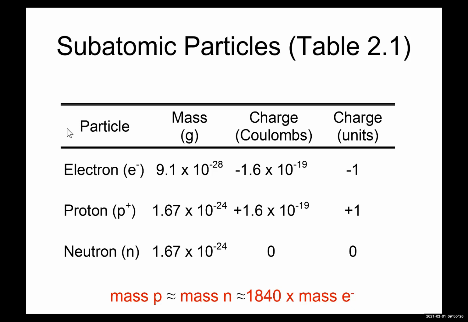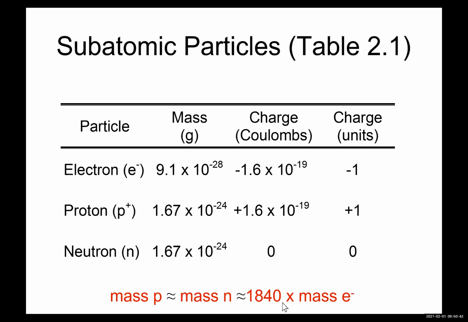So that's what we know, and it's still not proven wrong, that atoms are made out of electrons, protons, and neutrons. The mass of a proton and a neutron are almost close together. They're almost identical.